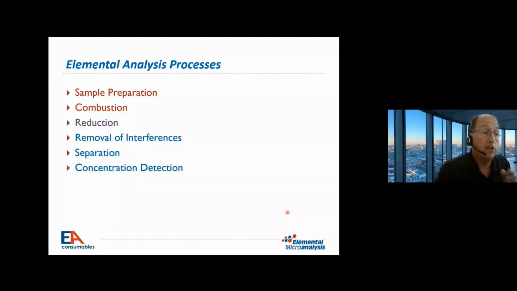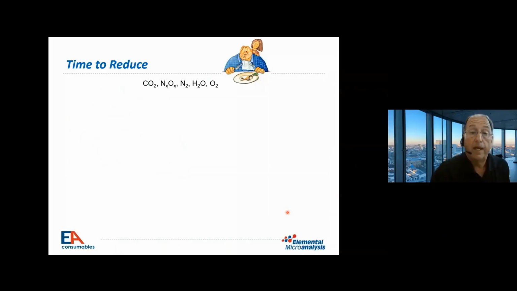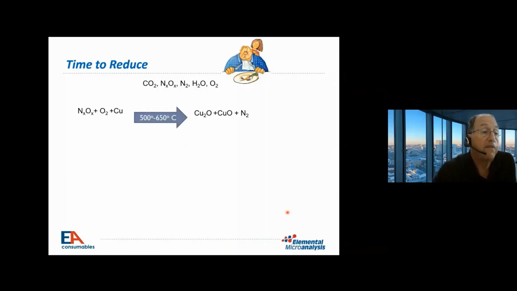So after the combustion, we do the reduction reaction. And shown here are the gases from the combustion tube that were left over. Our first step is the nitrogen oxides and the oxygen. The oxygen we added to do the combustion to begin with. So if we put those over copper at about 500 to 600 degrees Celsius, we will convert the NOx to N2, and the copper will grab the oxygen, forming different forms of copper oxide.